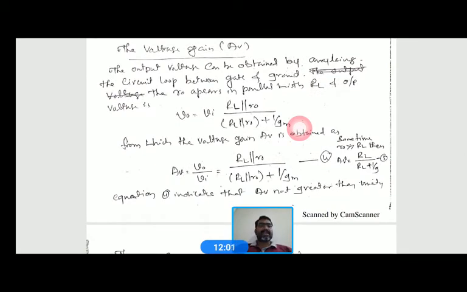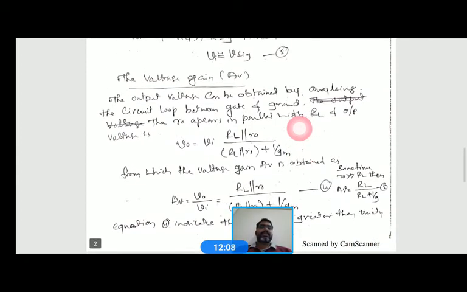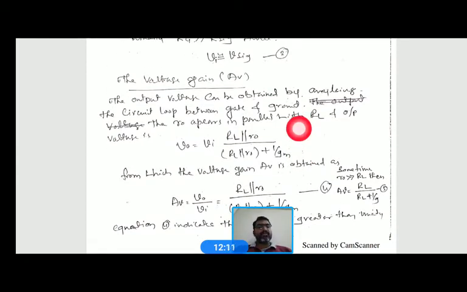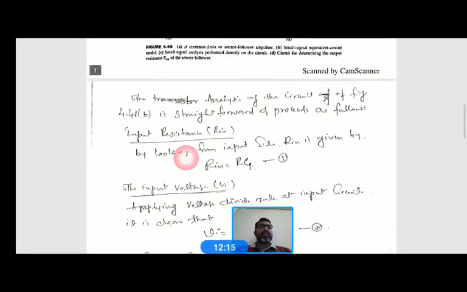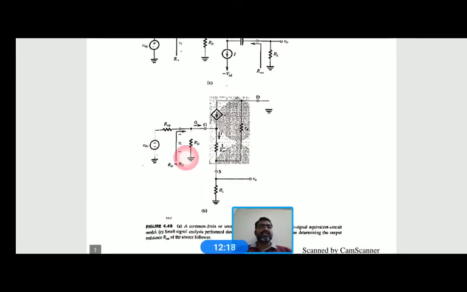Further, the voltage gain. So the output voltage gain can be obtained by getting the output voltage equation. Here the output voltage is the voltage across RL, which is at the source, right? You can also see the R0 which is connected here.